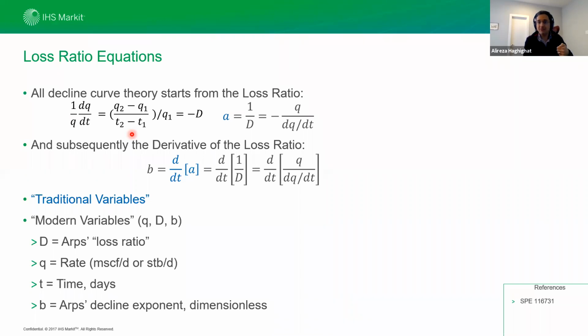So how much decline are we experiencing? From 100 to 90, 10 barrels per day, we see the decline in the rate. And then we divide that 10 barrels by the initial rate, and we call it a 10% decline we are experiencing. So that's very easy. How much production drop we are experiencing in a specified time period.